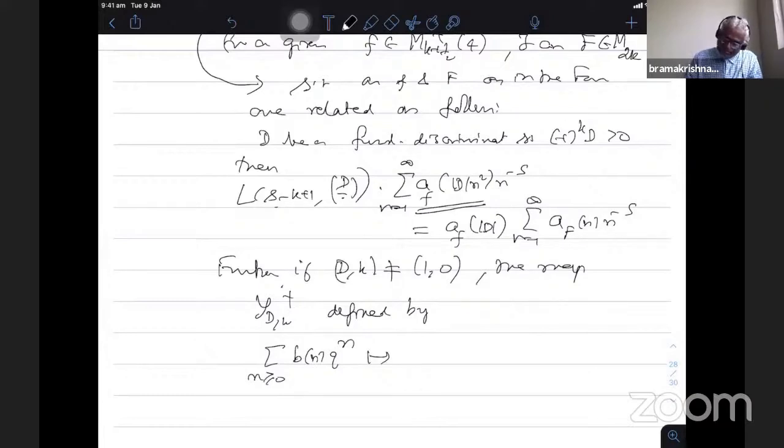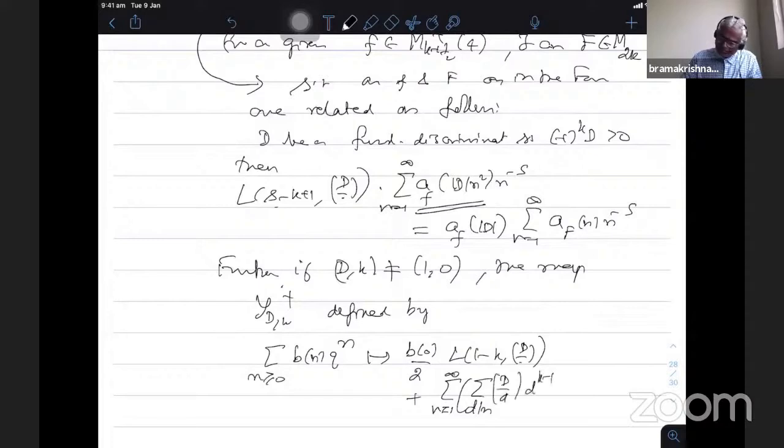You take the constant term by 2, take the special value, and that is the constant term of the image. The other coefficients are the same: the sum over d dividing n of (d/d) d^(k-1) b(|d| n^2/d^2) q^n.